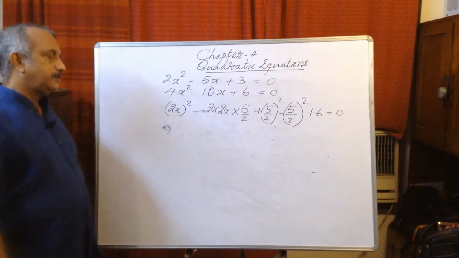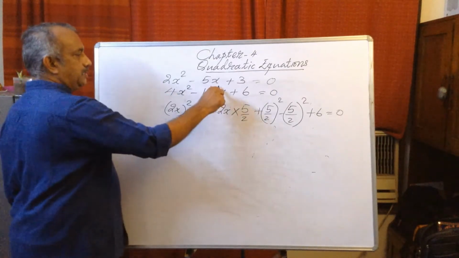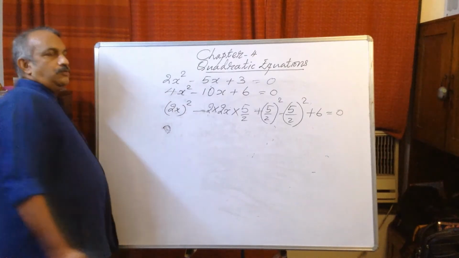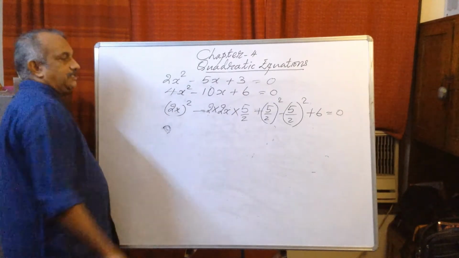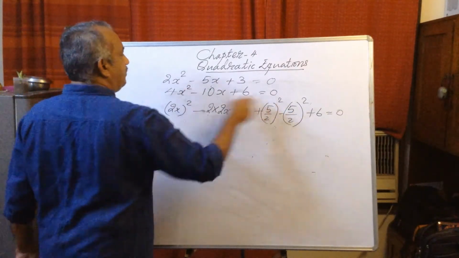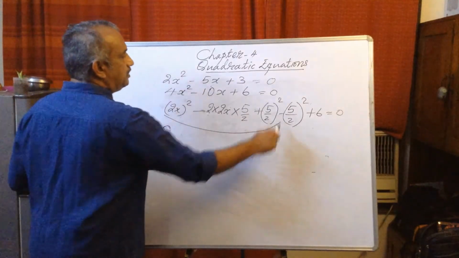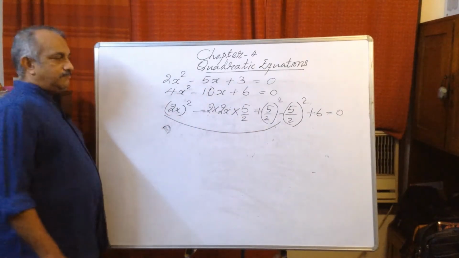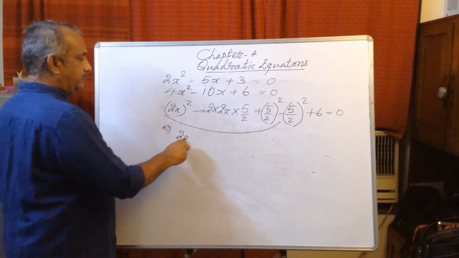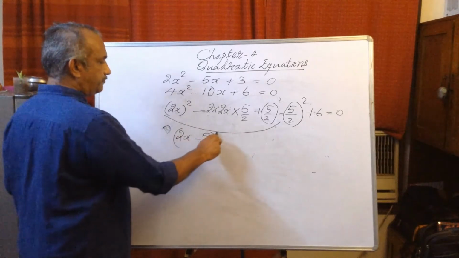So what I did is the same only: I added 5 by 2 the whole square and subtracted 5 by 2 the whole square, so these two will get cancelled and we get the same thing. Now if you look at these first three terms, it is in the form a square minus 2ab plus b square. So it is 2x minus 5 by 2 the whole square.